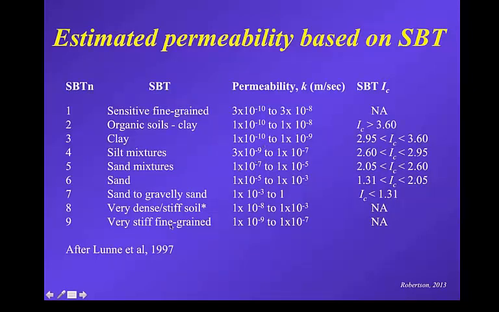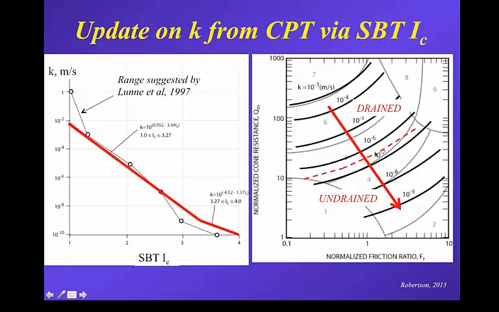So this is a little bit better in some respects because it does incorporate stiffness. It's embedded in there, and it says that that will have an effect. Now, of course, some people do like to estimate permeability just based on soil type.